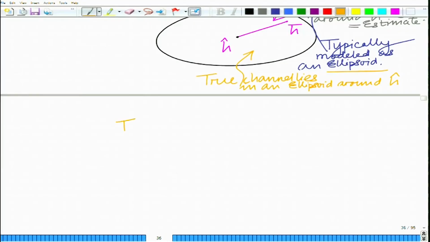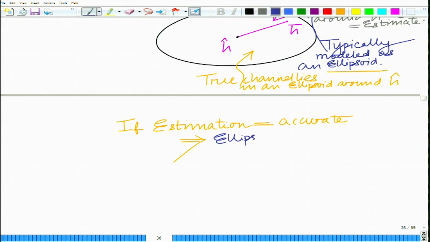Now, obviously, if the ellipsoid is large, that means the uncertainty region is large, which means the estimation error is high. If the estimation error is low, that is, the estimation process is very good, then the ellipsoid will be suitably small. That is, you can localize h bar to a much smaller region around h hat. So if the estimation is accurate, the size of the ellipsoid is small.